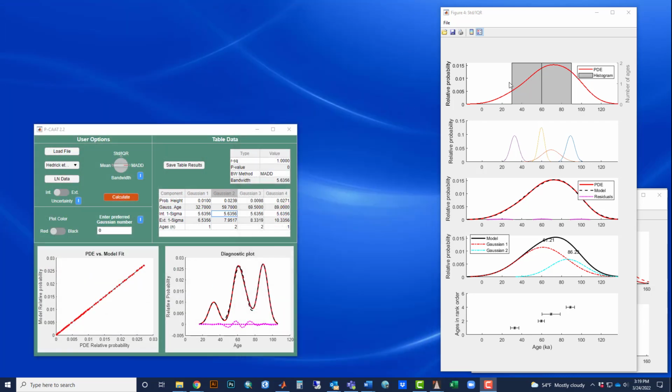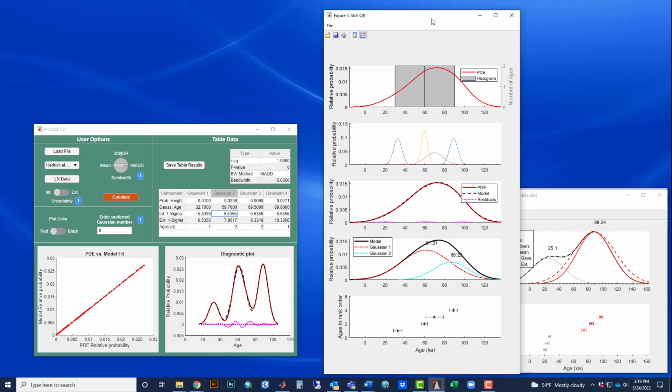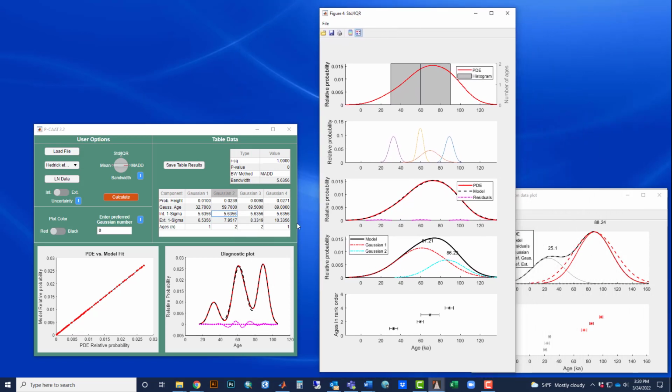That leaves us with the standard deviation, interquartile range, bandwidth estimator. We have 2 Gaussians. It basically grabbed the whole cluster and split it into 2 pieces with some shared probability likely between these middle ages. We're going to recalculate that now so we can see the table.